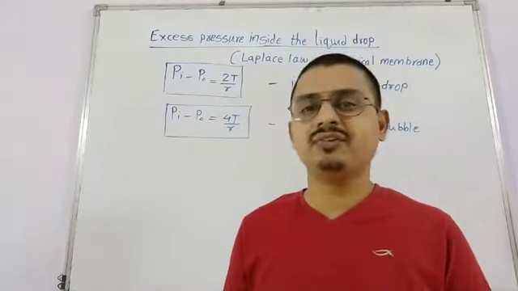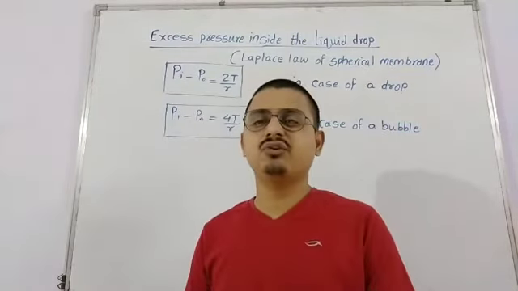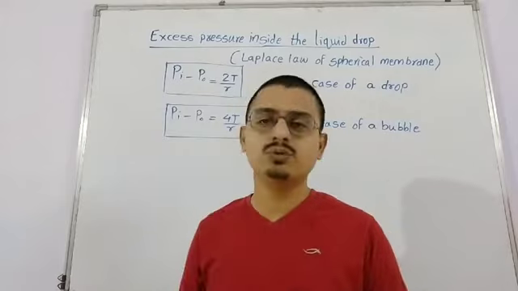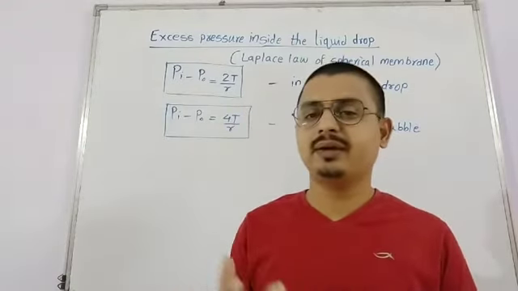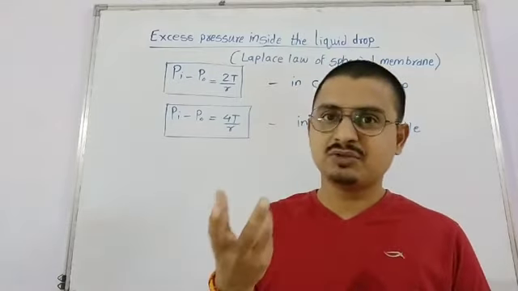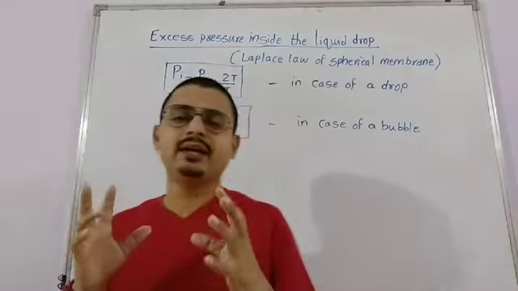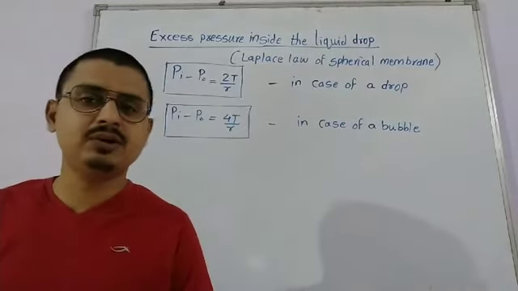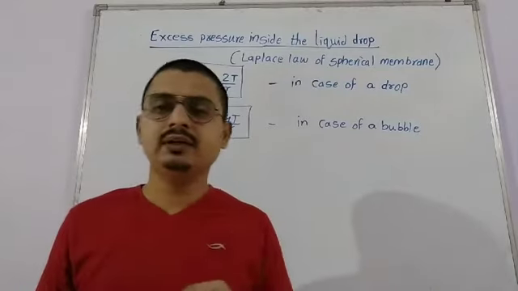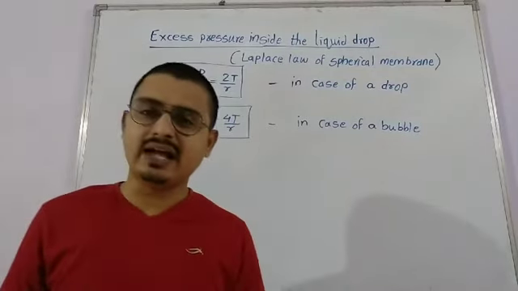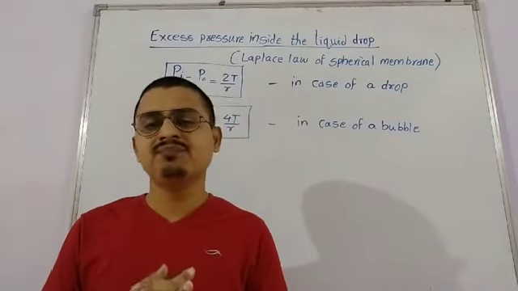It means the surface tension of the liquid is greater than the gravitational force. That's why these liquid drops or the spherical bubble try to minimize the area. वो अपने area को कम करने की कोशिश करते हैं because the surface tension is more in a drop or bubble. That's why they dominate gravitational force and try to minimize the surface area.